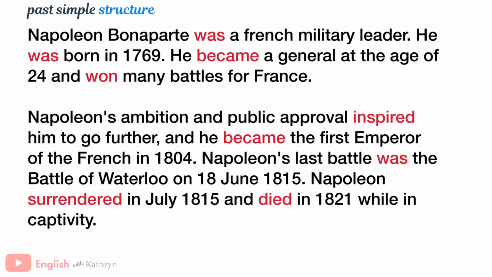Napoleon's ambition and public approval inspired him to go further, and he became the first emperor of the French in 1804. Napoleon's last battle was the Battle of Waterloo on the 18th of June, 1815. Napoleon surrendered in July 1815 and died in 1821 while in captivity.